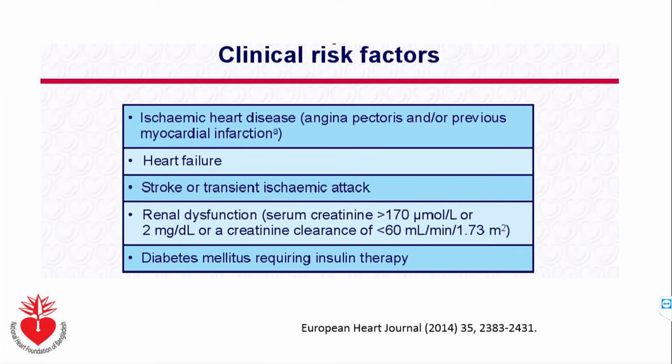In step 6, there are 5 important clinical conditions where the patient should be evaluated. These are: whether the patient has unstable angina, whether the chest pain is going on; whether the patient has heart failure; whether the patient gives a history of stroke or transient ischemic attack; whether the renal function is deteriorated and the creatinine level is up to 2; and, as usual, diabetes is an important risk factor for everything, diabetes mellitus requiring insulin.